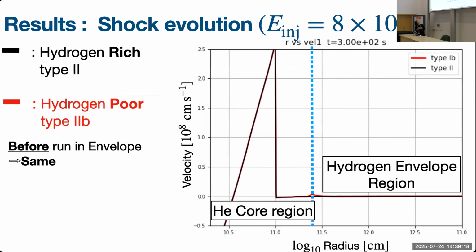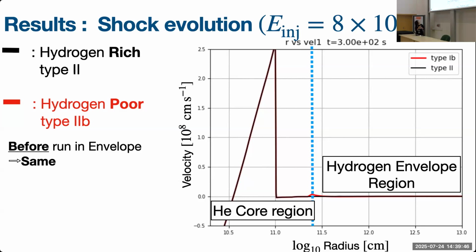This is a figure with radius on the x-axis and velocity, normalized by 10^8 centimeters per second, on the vertical axis. The black one is the Type II progenitor, which has a rich hydrogen envelope, and the red one is like a Type IIb progenitor, which has a poor hydrogen envelope.